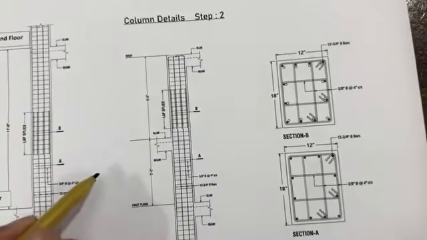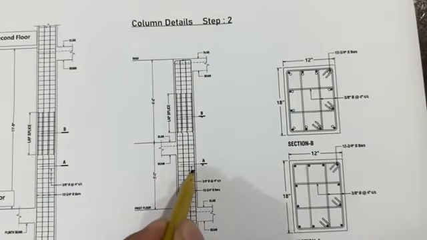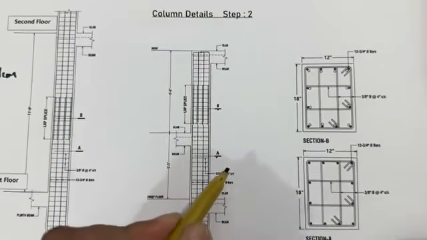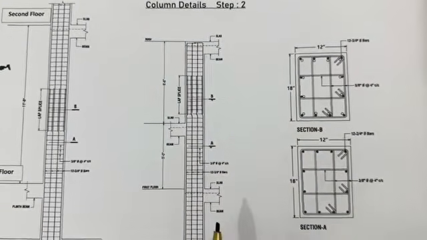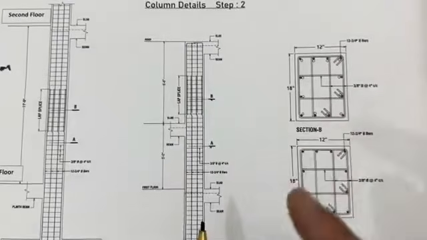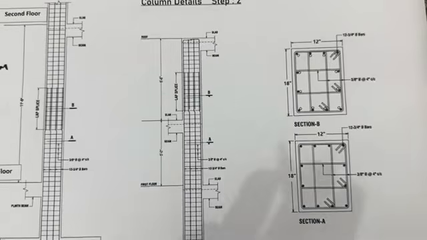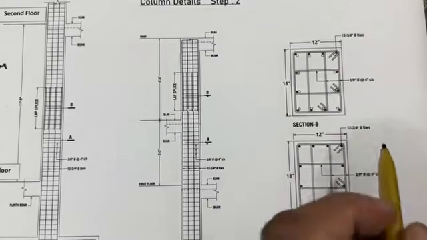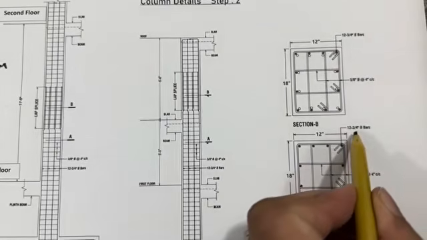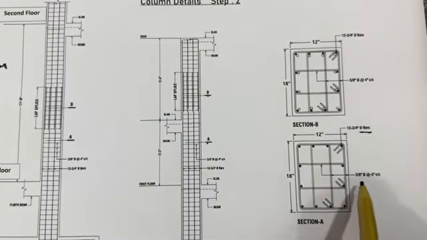Guys, you can see in this long section, this is B section and this is A section. In A section we don't have any overlapping length, and in B section we have. So this is the second section B, right? If you see here, we have 12 steel rods, and the diameter is 16 millimeter, or you can say 3 by 4 inch bar.